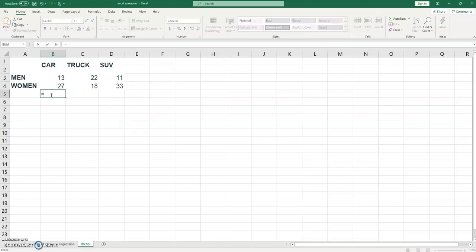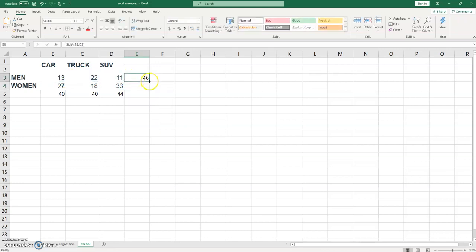So we're going to use the sum commands here, and we're going to get the column totals. So this is the total number of people, regardless of sex, who purchased a truck. Once we've done that, we can grab and drag and get this for all of them. We're going to get the row total here, which is the total number of men, regardless of the vehicle they chose.